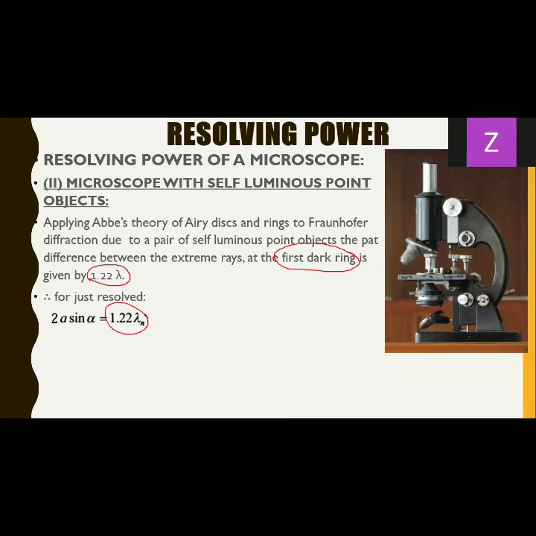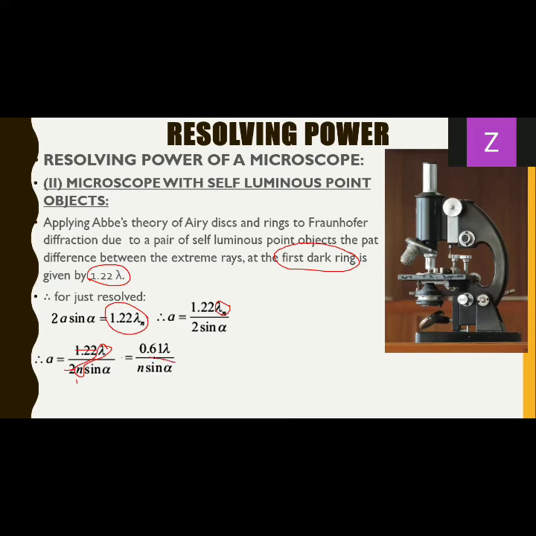So just like before, a is equal to 1.22 lambda n upon 2 sine alpha. Lambda n is the same as before, which is lambda upon n. So let's incorporate that. If we simplify, 1.22 divided by 2 gives 0.61. So we get 0.61 lambda upon n sine alpha.